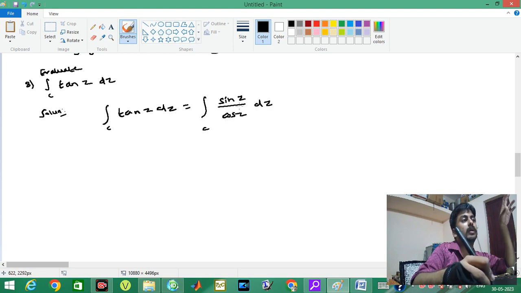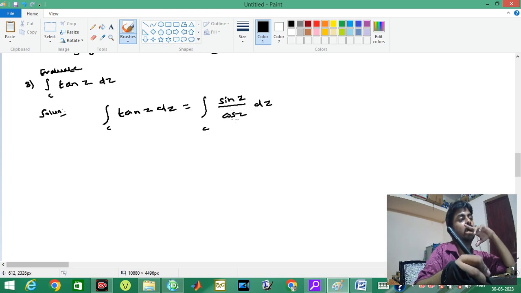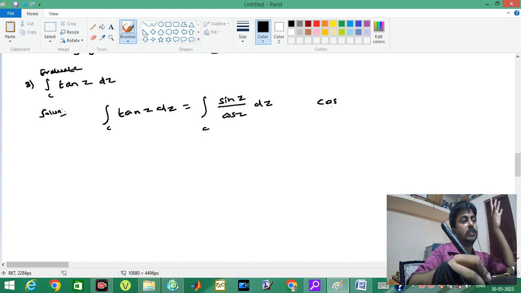So this is our f of z, and in f of z we are having cos z. The function is not analytic at the points where cos z becomes 0. Cos 0 is 1, whereas cos 90 is 0. I am telling the very basic thing, which is cos pi by 2 equal to 0.